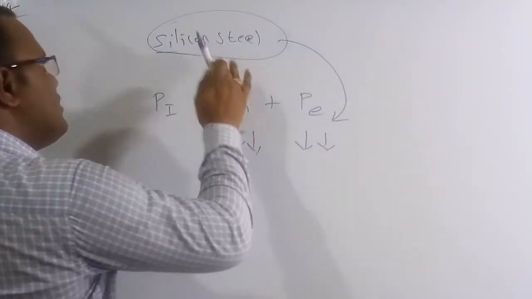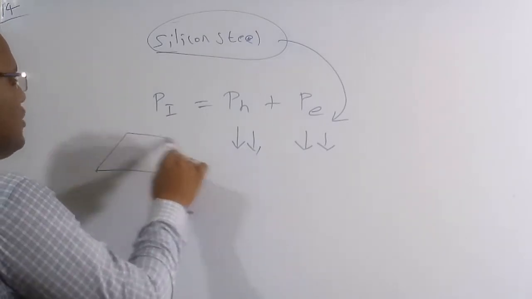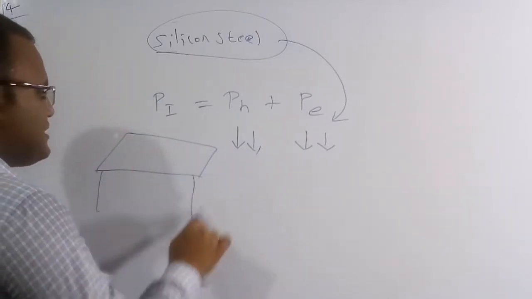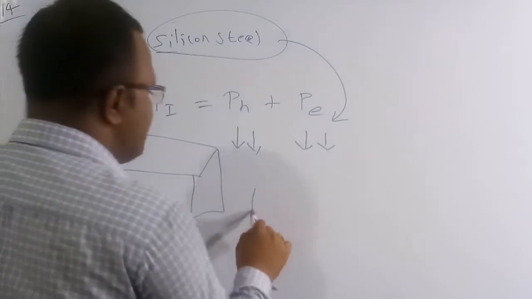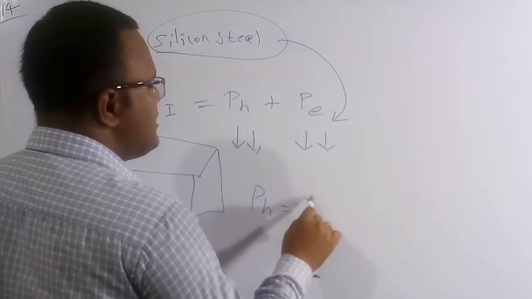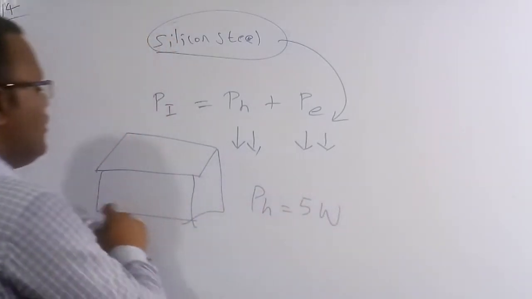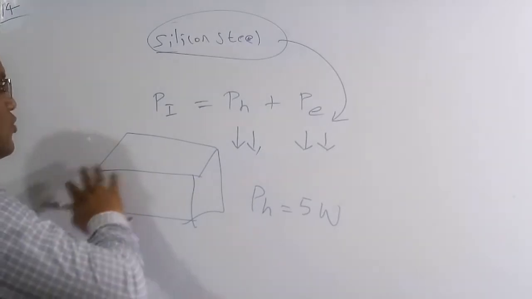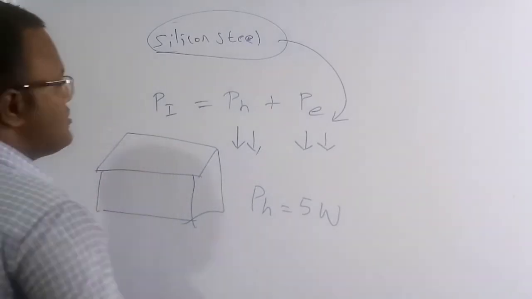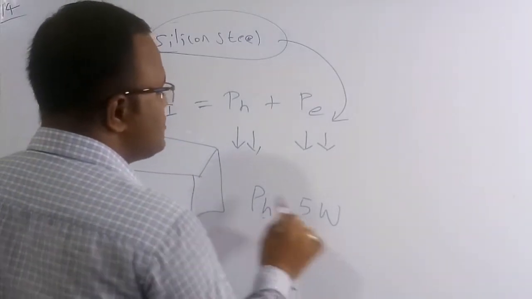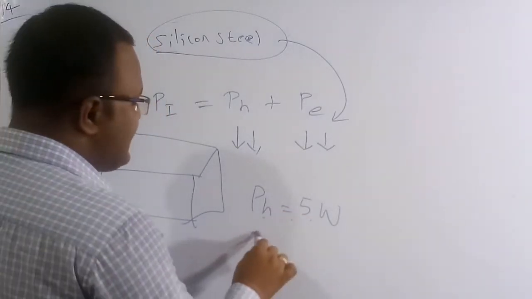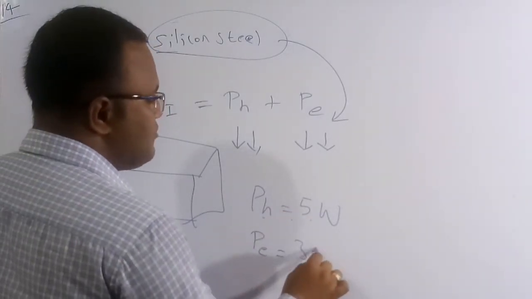So by default, by using the silicon steel, if you take a total core part without any laminations, suppose the hysteresis loss is equal to, let me assume, 5 watt. If you take a total solid core of silicon steel, suppose the hysteresis loss is equal to 5 watt, and the eddy current loss is equal to, let me assume, 3 watt.